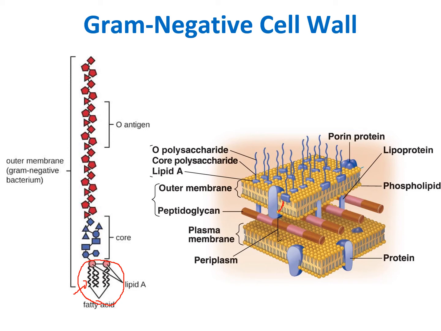So when LPS gets released from bacterial cells, it creates a variety of physiological reactions. It can induce fever, so endotoxins are said to be pyrogenic as a result. Pyro, P-Y-R-O, genic, G-E-N-I-C, means fever-causing or fever-inducing.